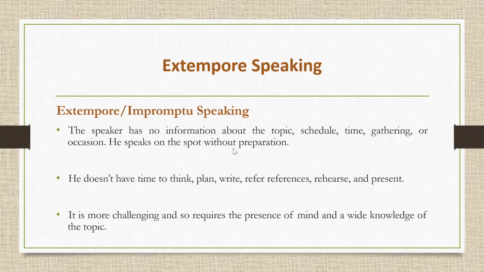He speaks on the spot without preparation. He doesn't do any preparation, and he speaks. And I want to tell you that when you speak without preparation, your speech is wonderful because everything comes out from within, and then you open up and you convince the people in a very natural way. That is the best way to speak.